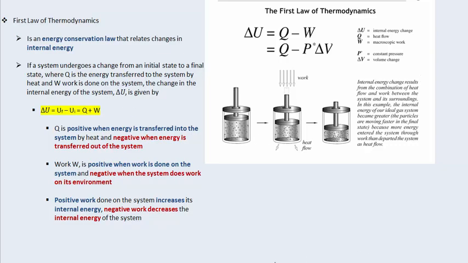So if we look at the amount of work done on the system, we have Q plus W. Or if we look at the amount of work done by the gas, we have Q minus W. Either way, the change in internal energy can still be calculated.